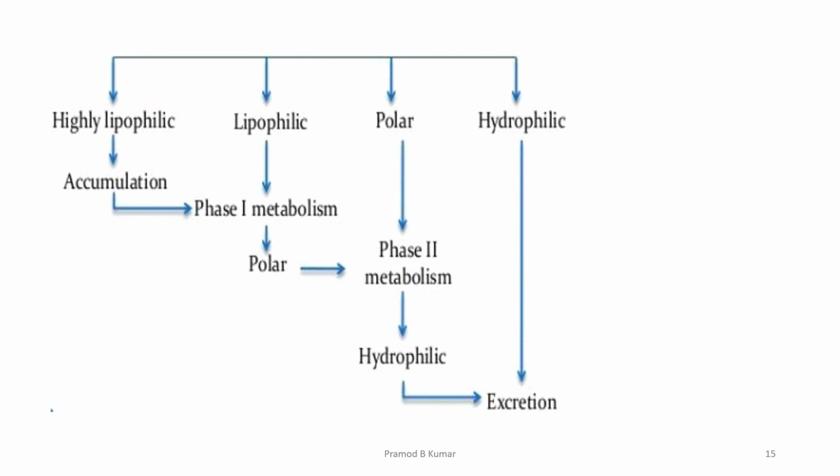These polar compounds are then further metabolized by phase 2, that is glucuronidation, converted into hydrophilic compounds and excreted. Polar compounds are directly metabolized by phase 2 conjugation and excreted, and hydrophilic compounds are excreted as such.